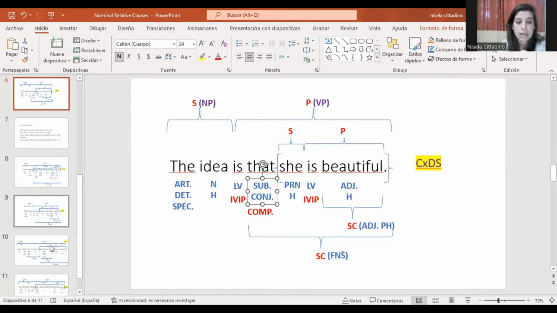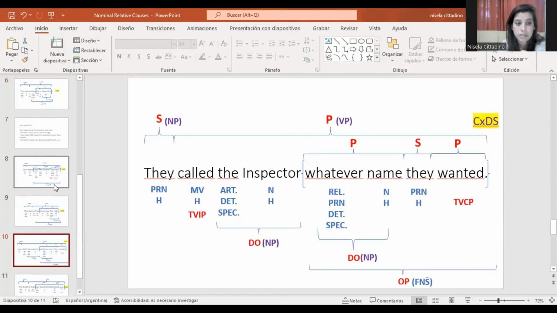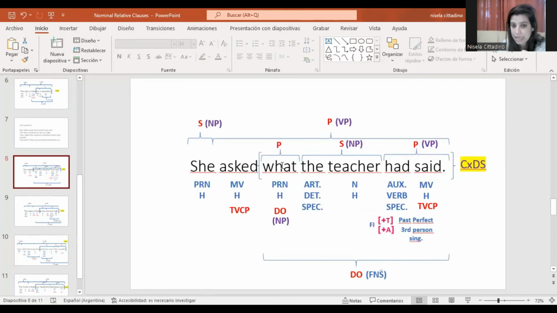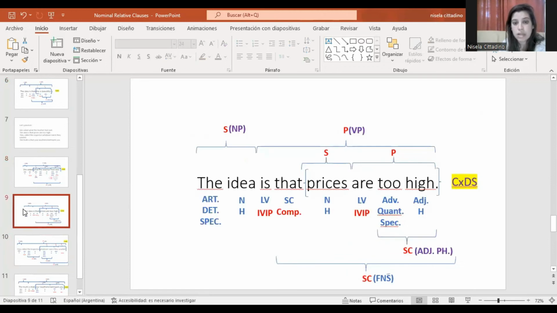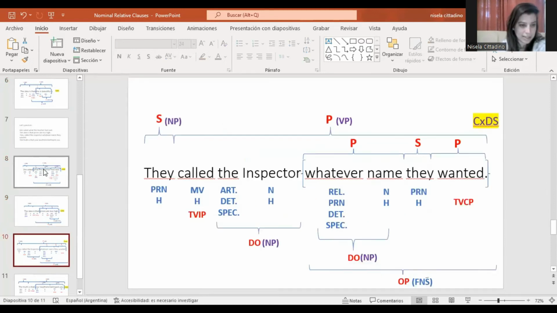While if the clause begins with a WH word, like what, it is part of the predicate. It is only the word that that is not part of the predicate, because it is a pure conjunction, a subordinating conjunction. Okay, so I just wanted to clarify that.